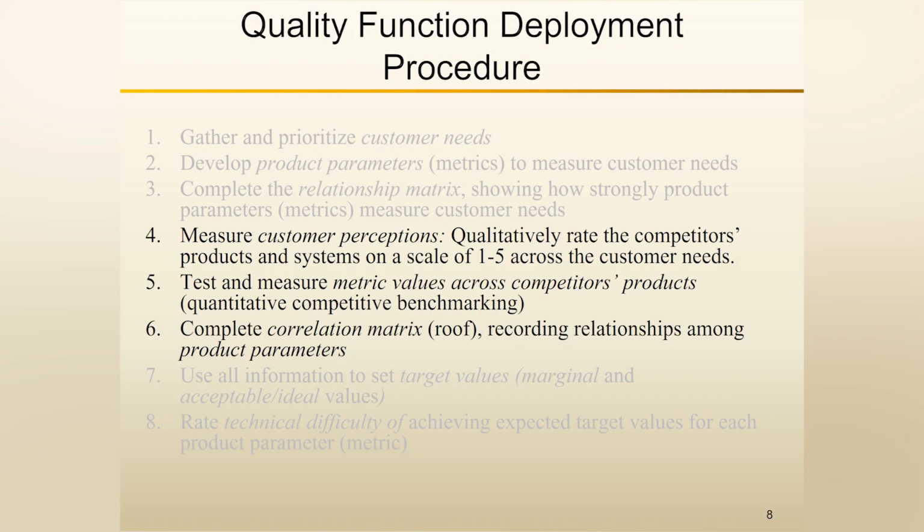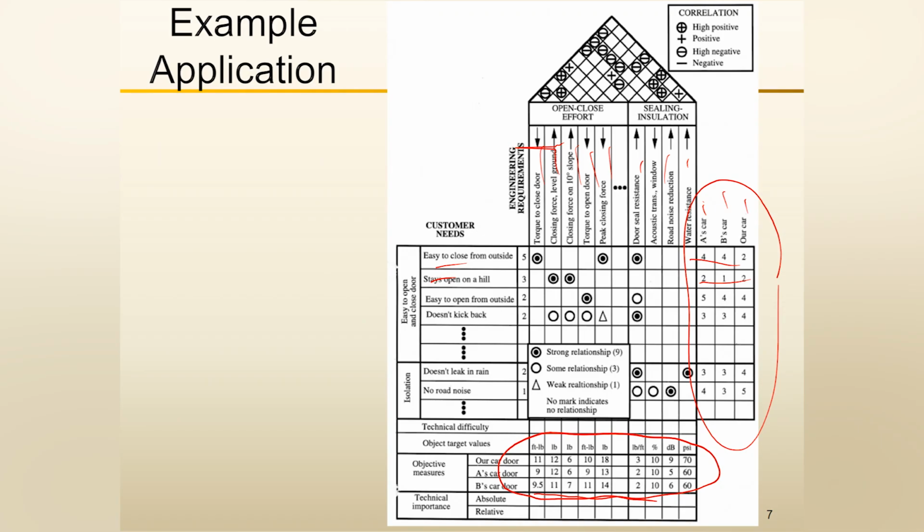Okay, the next step in the House of Quality is to complete the roof, which is very interesting to me. And it's where you record the second main purpose that I gave you at the beginning of this unit on quality function deployment, which is to record the relationships among the performance metrics.